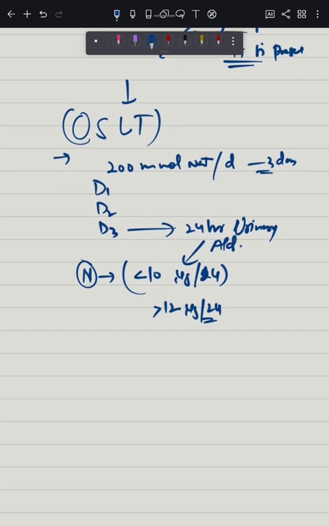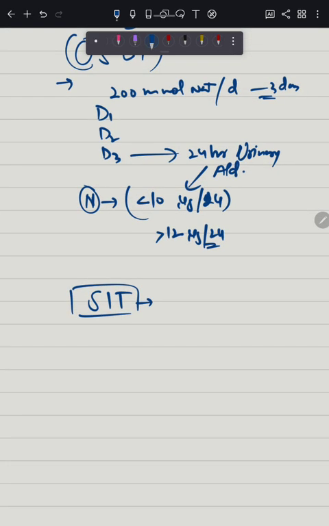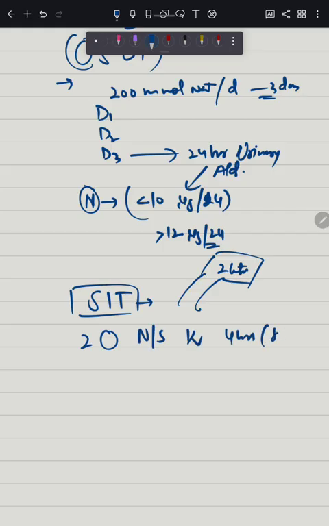Now another is the saline infusion test, that is SIT. The patient receives 2 liters of normal saline IV over 4 hours, in the supine position.